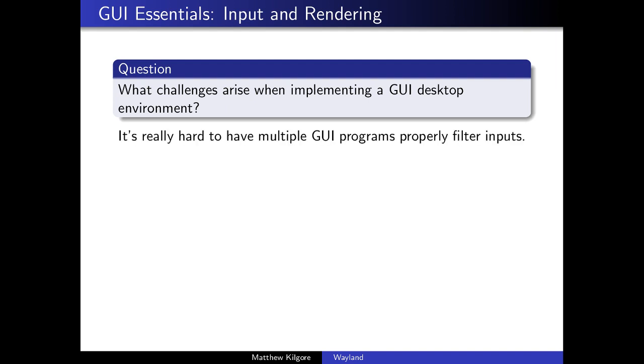The first is that it's really hard to have multiple GUI programs properly filter inputs. What do I mean by this? Well, for example, how do windows communicate which is in focus? You can't have all of them accepting each and every keystroke.